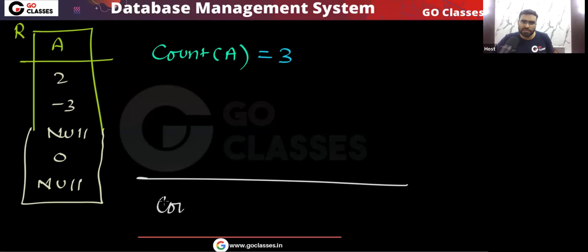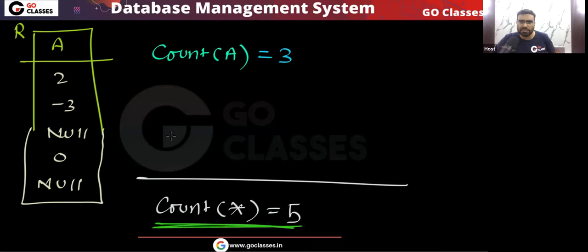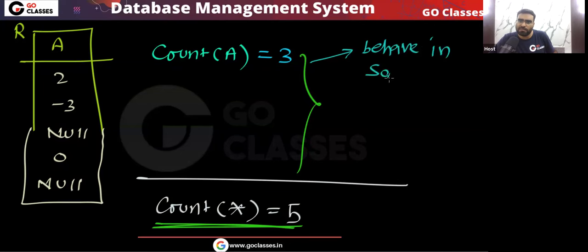This count star will always count the number of tuples in the table. So that will be 5. So remember, count star is special. Don't mix this count star with the other aggregate operations. All the other aggregate operations behave in the same way.